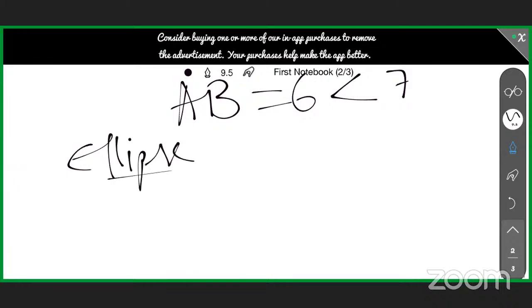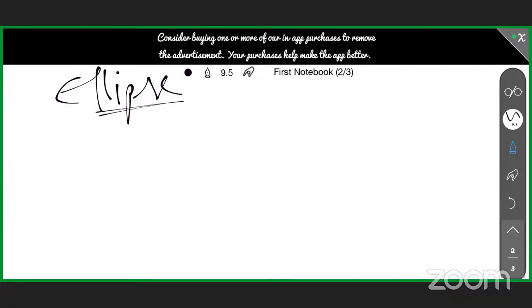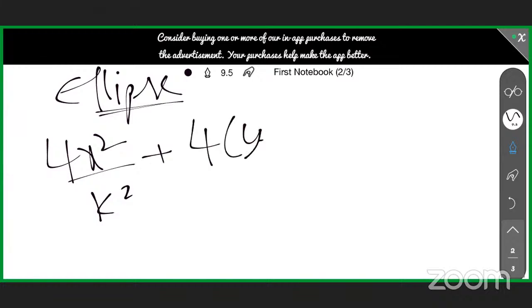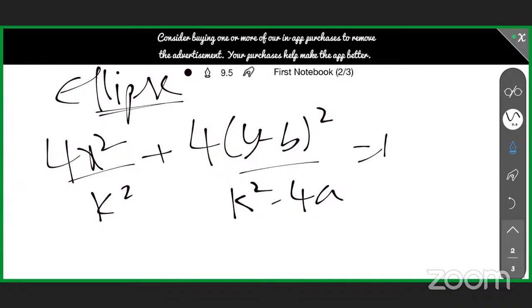And I have to find the equation of that ellipse. What is the equation of ellipse? For that only I gave that formula. The formula is 4x square by k square plus 4 into (y minus b) whole square by k square minus 4a square is equal to 1.